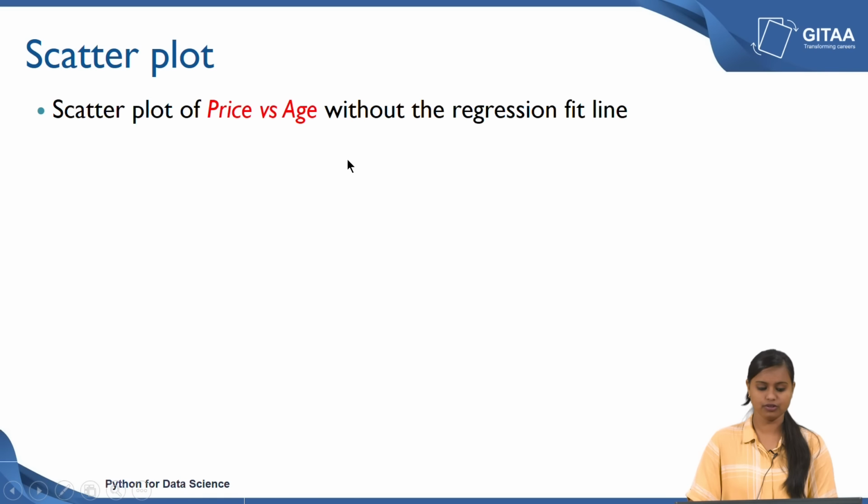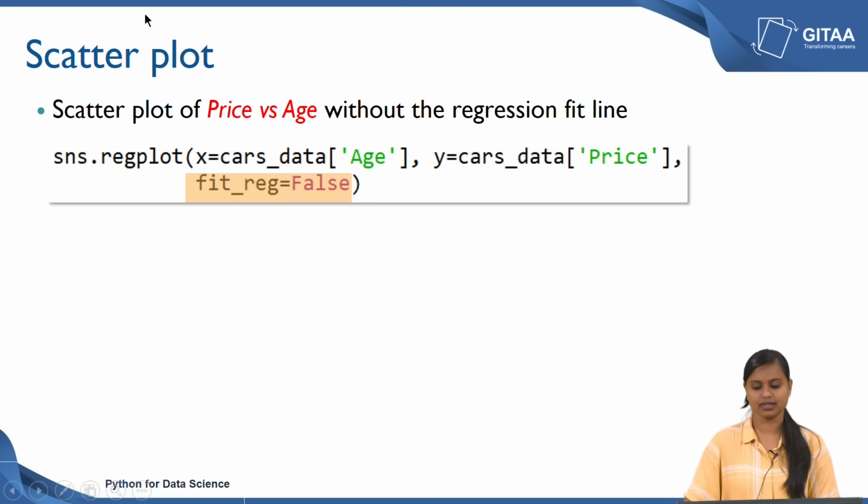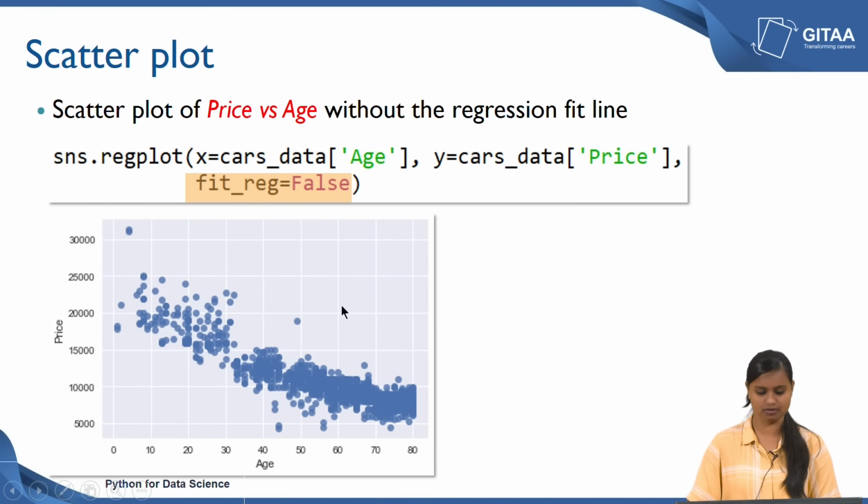Here we are going to do a scatter plot of price versus age without the regression fit line. That is very easy. You can retain the same command as the previous slide, but you just need to add another parameter called fit_reg and set it to False, because as I mentioned earlier, by default it is True. That is why you got a regression line over the scatter points. But if you set it as False, you will not get the regression line, rather you will just get the scatter plot of price versus age.